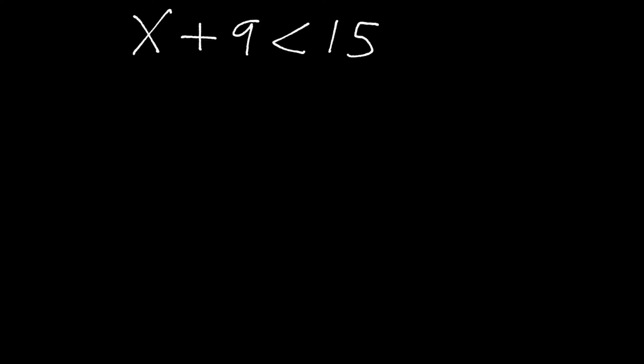If we remember back to a video I made on solving equations, it would be x plus 9 equals 15. And the way we would solve this is by using inverse operations. So since I am adding 9, I have to do the opposite, which is subtracting 9 from both sides.